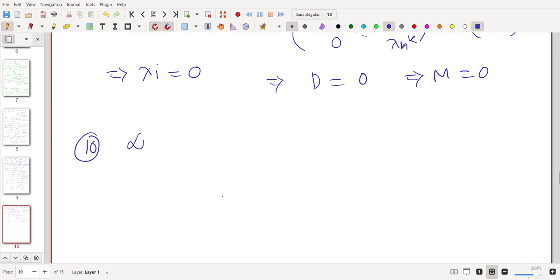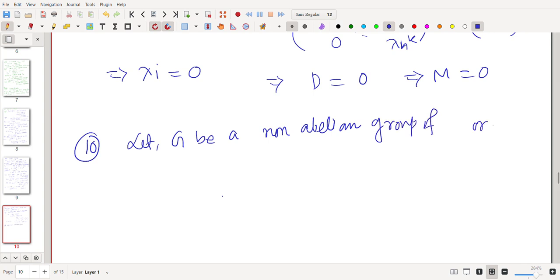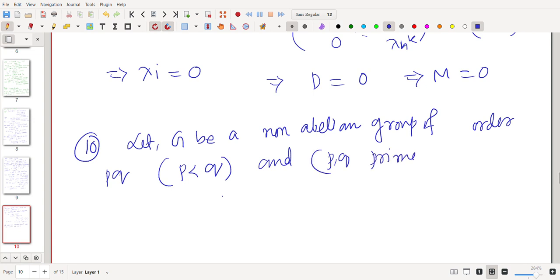There's another problem. Let G be a non-abelian group of order pq, where p is less than q and p, q are primes.